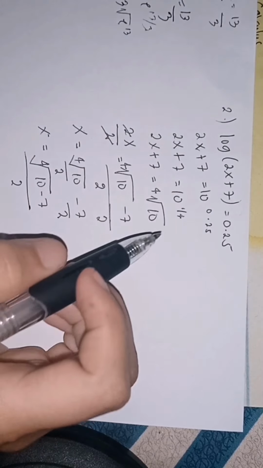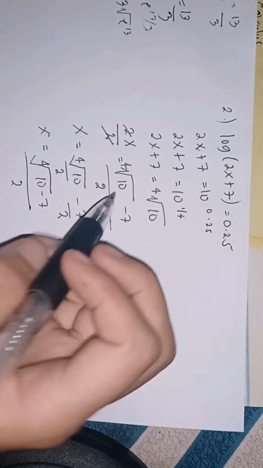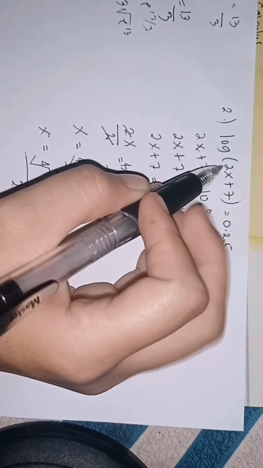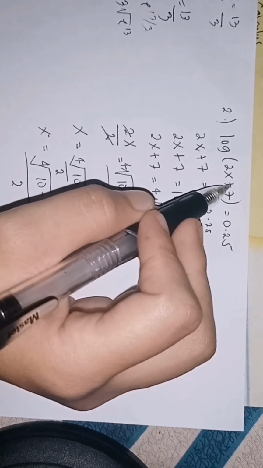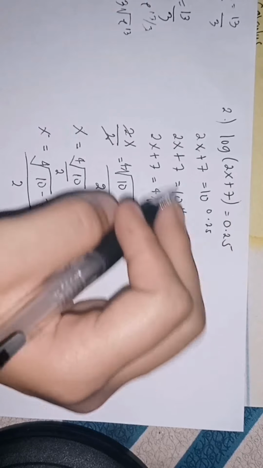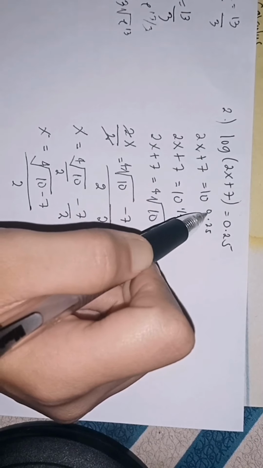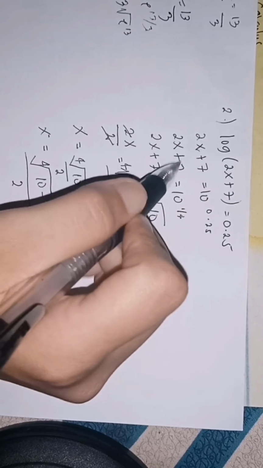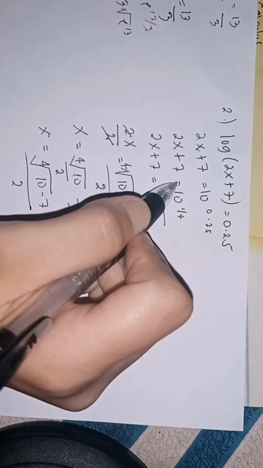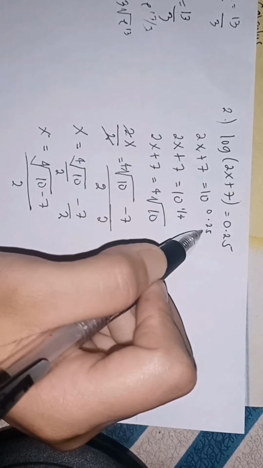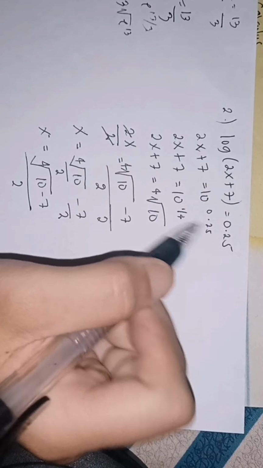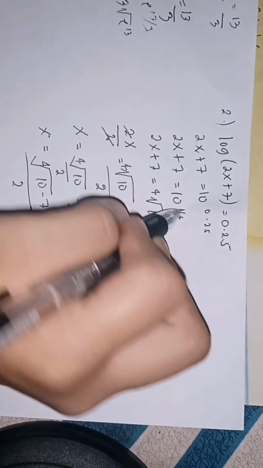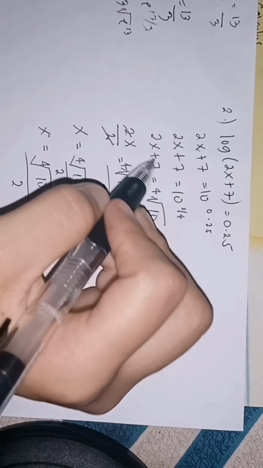So first, 2x plus 7, which is in the parentheses on the left side, equals the base 10 with 0.25 as the exponent. So 2x plus 7, just copy it, equals 10 to the 0.25, and 0.25 is just equivalent to 1/4, so we put 1/4 there.